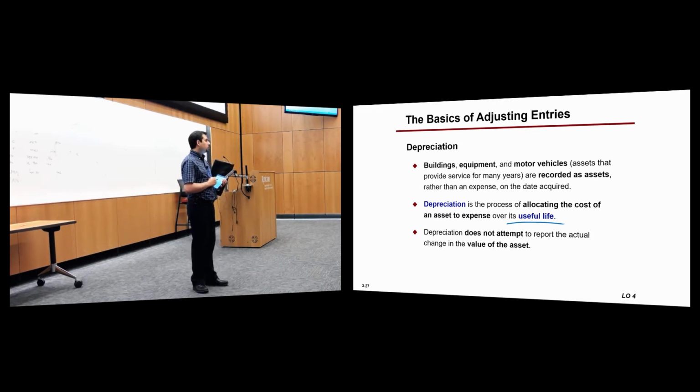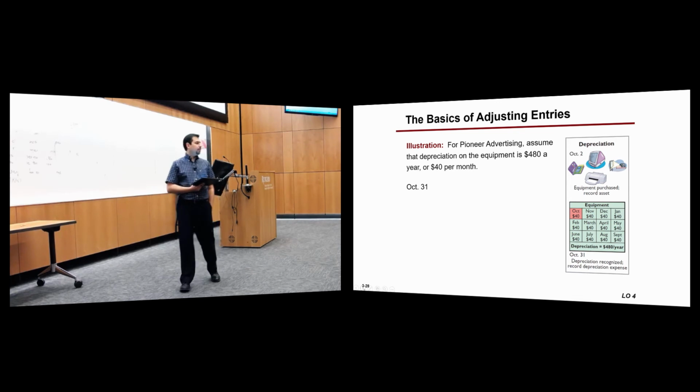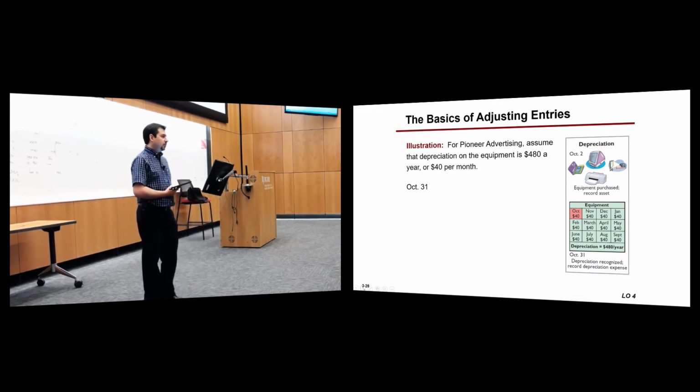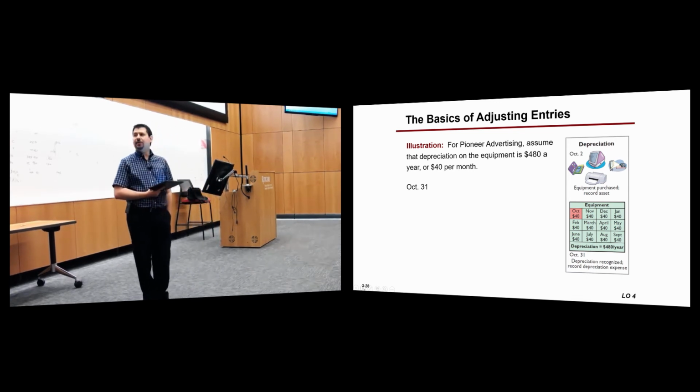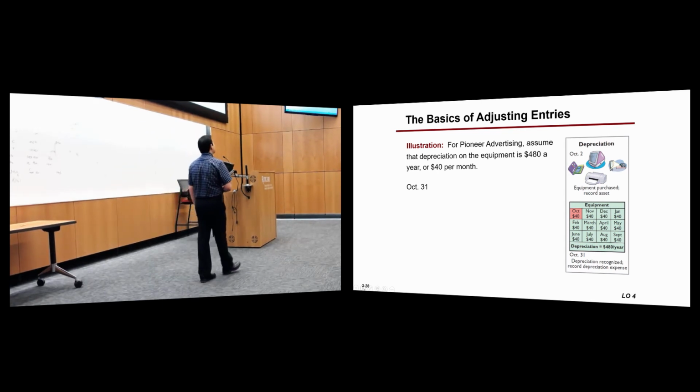Okay? So for example, for Pioneer Advertising, we assume that depreciation on equipment is $480 a year, which means it's $40 per month. So every month, the company will have to consider $40 of the value of that asset to be an expense, right?